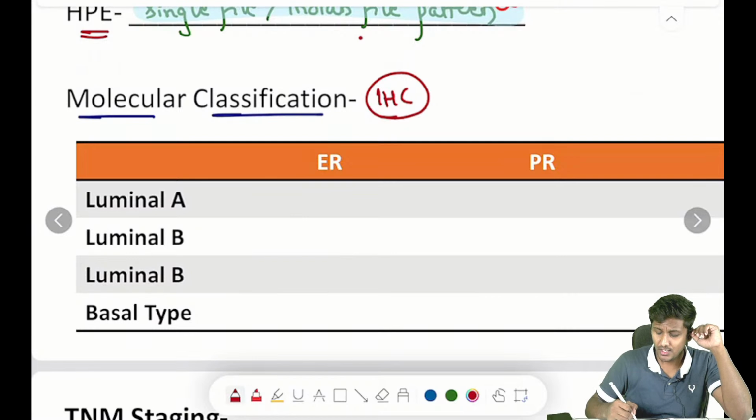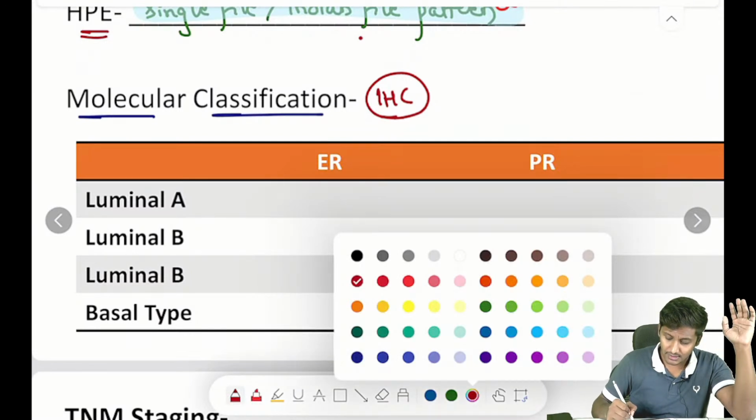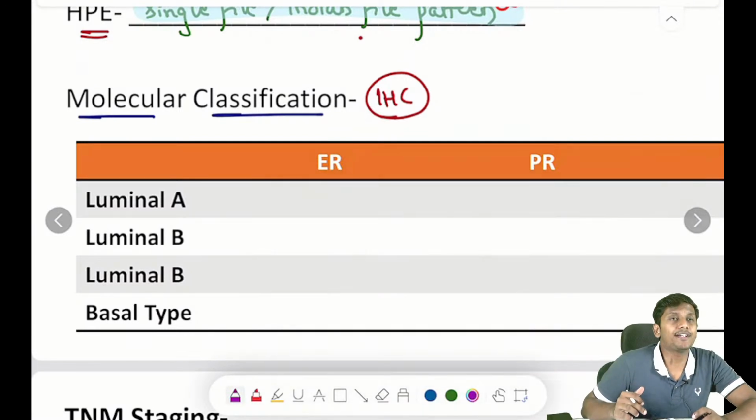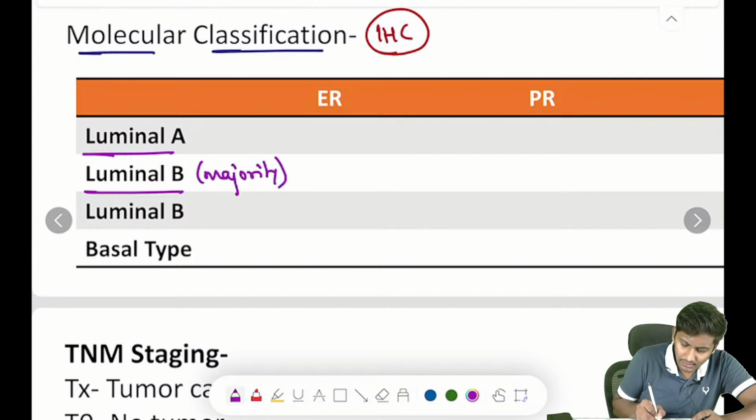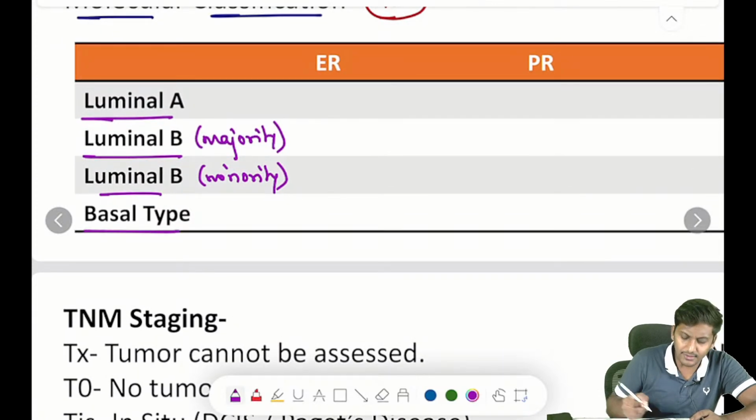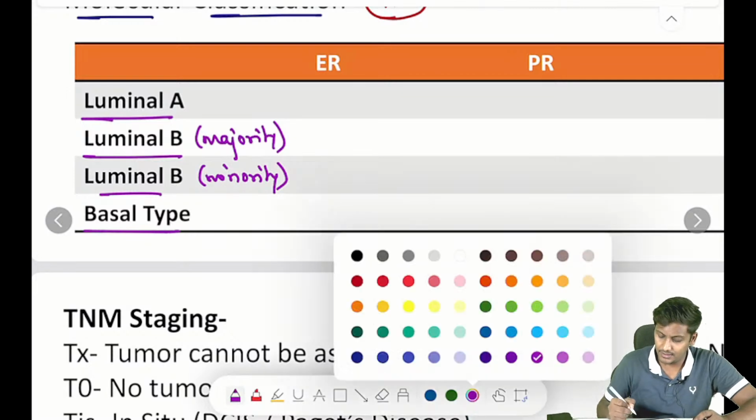Second, according to the presence of receptors on the surface of the breast cancer, these are classified into various types. First is luminal A, second is luminal B, majority of the cases, then third we have luminal B minority cases, and last is the basal type. ठीक है, last is the basal type.